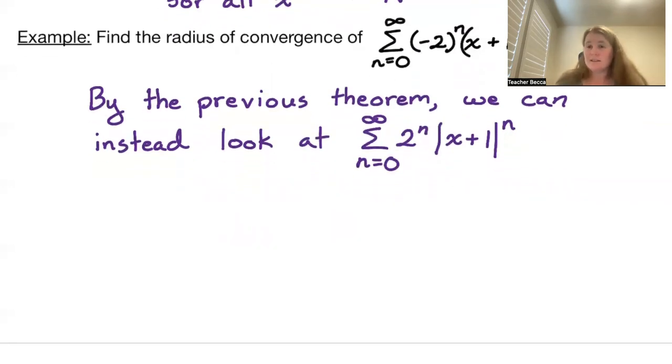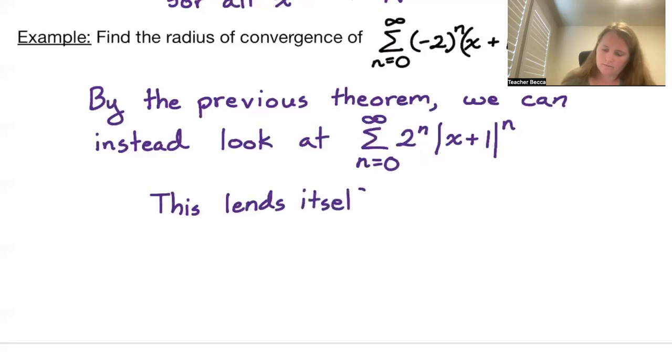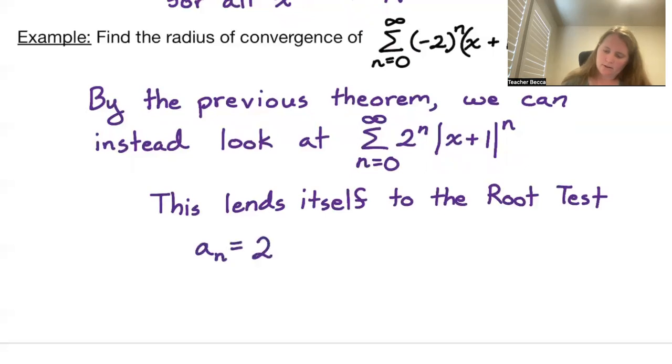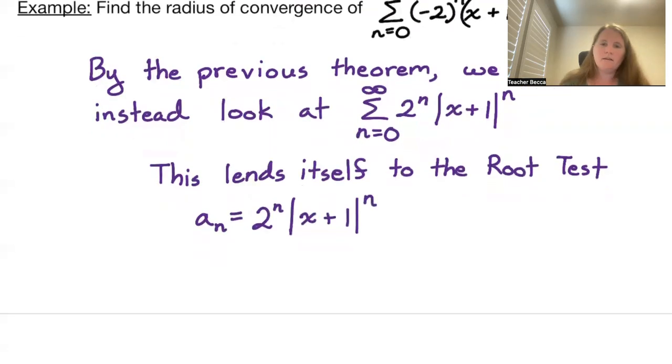This looks like it lends itself very well to the root test. So we have here our a sub n is 2 to the n times the absolute value of x plus 1 raised to the n.